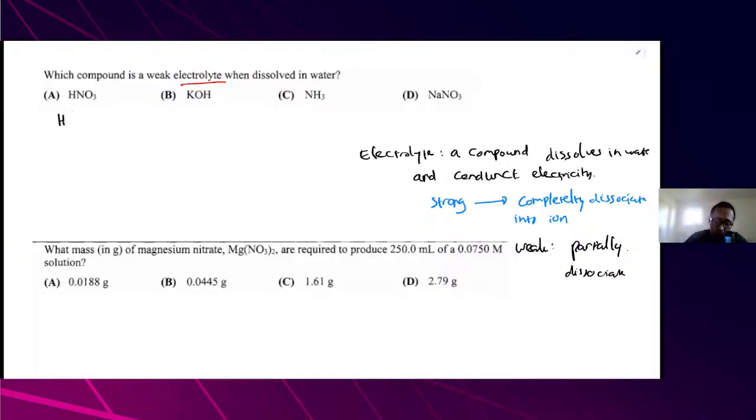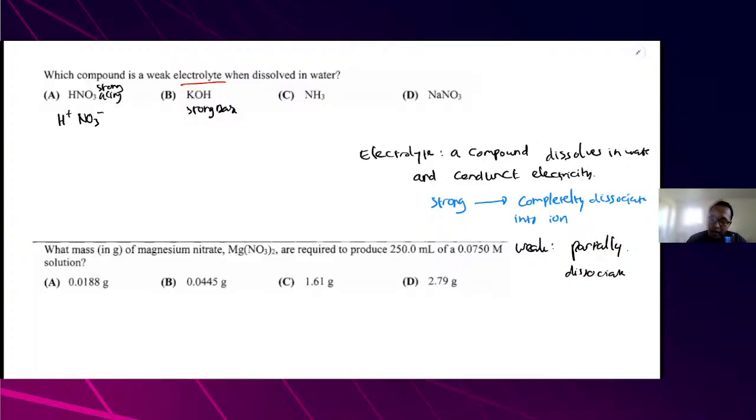If we dissolve it in water, we will get H plus and NO3 minus, completely dissociated into ions. How about potassium hydroxide? Potassium hydroxide is a strong base. HNO3 is a strong acid.